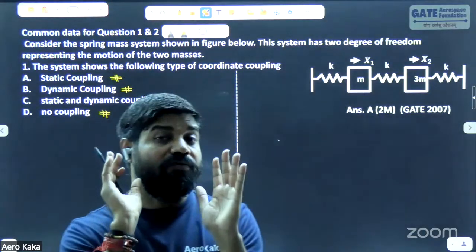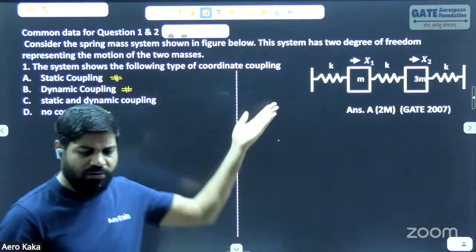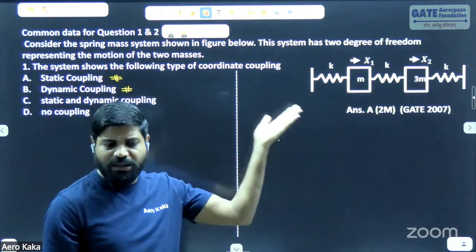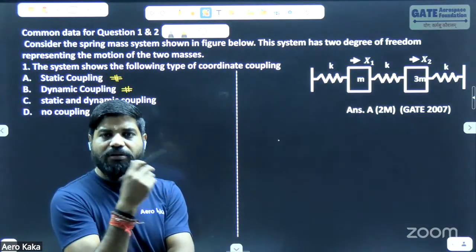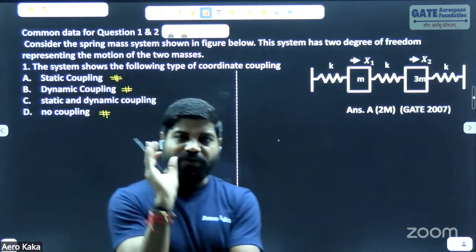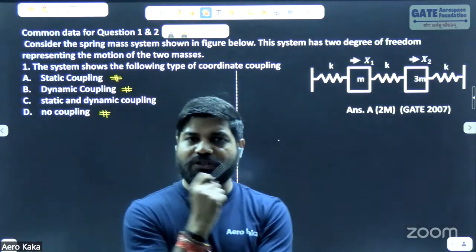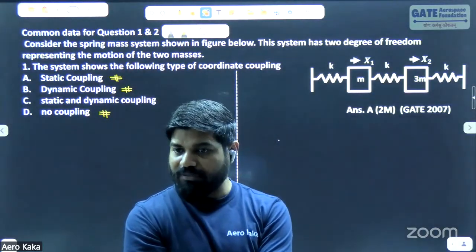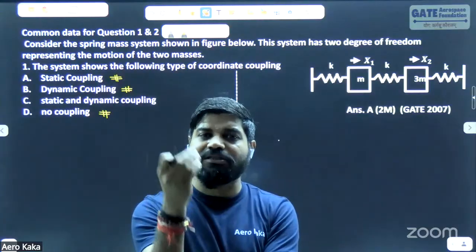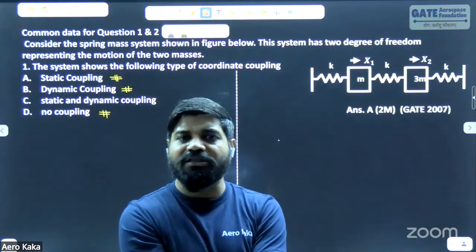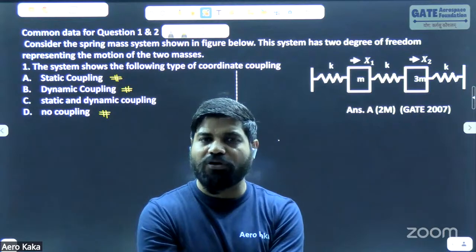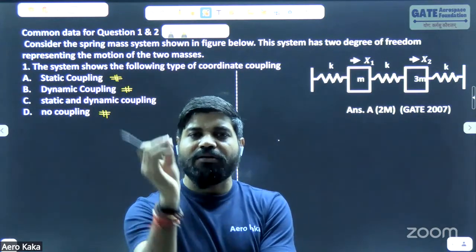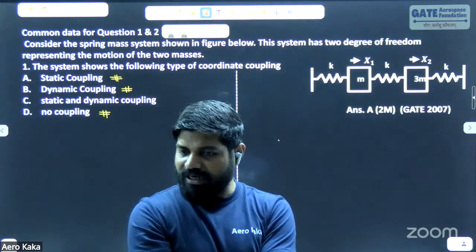Suppose while you are writing the equation of motion of this particular system, while writing the differential equation of the first mass, the displacement of the second mass x2 comes into existence in the equation of motion of the first mass, then that's the case of static coupling.